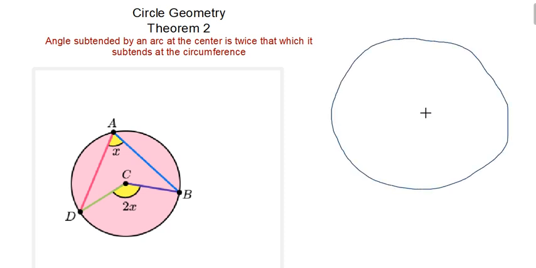Let's say this is a circle, and this is the center. Now I can decide to give you something like this, and like this. You can be given the value of this angle here. Let's say this angle is 65 degrees, and you have to find the value of this angle. Now this is the center.